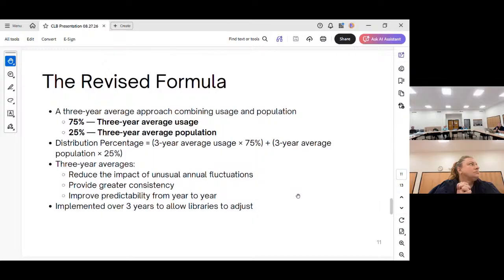A community's population is not going to drastically change from year to year or even over the course of 3 years. And even if a library had 0 people come in and 0 books checked out, according to this current formula, they would still receive some funding, a base amount of funding based on their population. And so I think it's important to recognize that that is the function that population serves in the current formula.